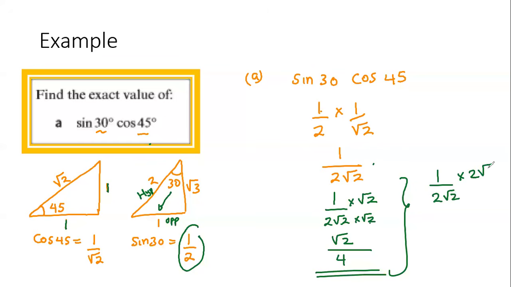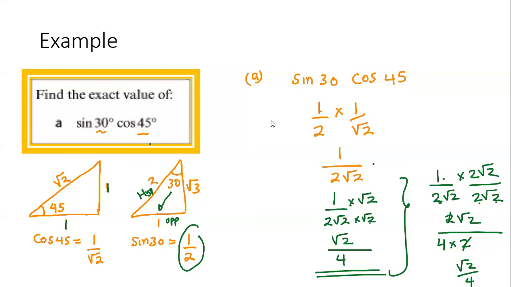Even if you take both, there is no problem. Still, you get 1 times root of 2, you get root of 2. 2 times 2, you get 4. Root 2 times root of 2, you get 2. So you'll end up with the 2 and the 2 cancelling, so you get root of 2 out of 4. Okay.